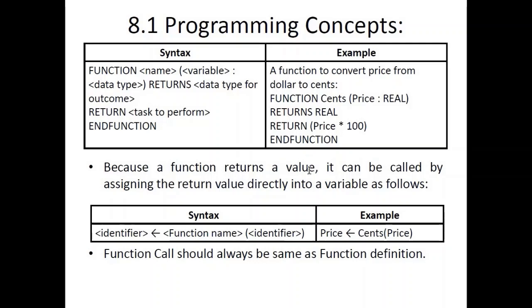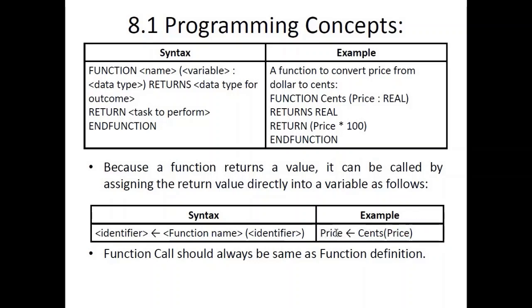Because a function returns a value, it can be called by assigning the return value directly into a variable as follows. For example, price, and you assign the value to the variable price. You call the function cents, and in the parentheses as a parameter you pass the value of this price.